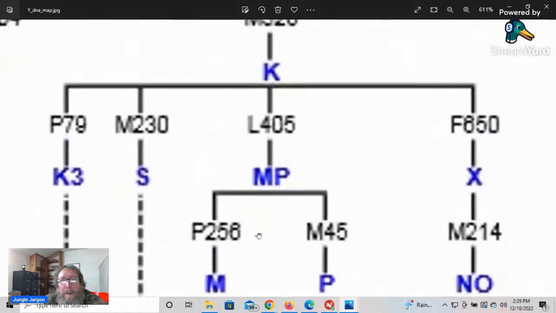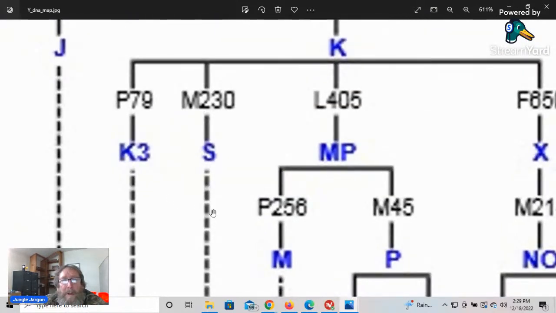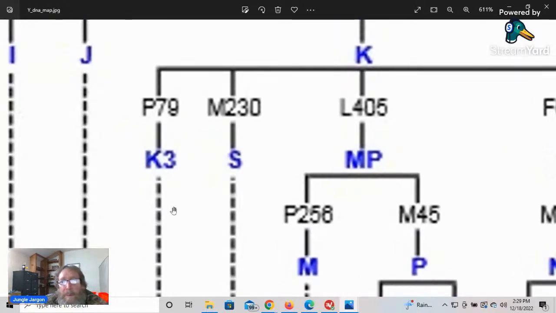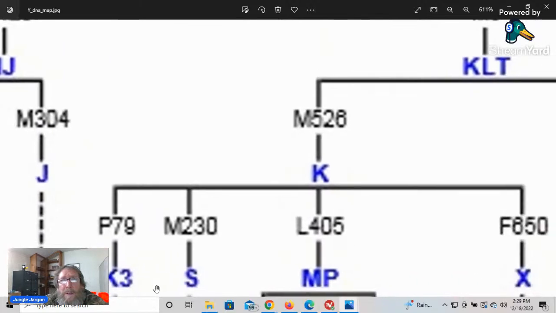And the K, the M and the S would be descendants of Tubal, which in Italy there's still a K population. I believe it's K2 in Italy. Sometimes they switch them up.